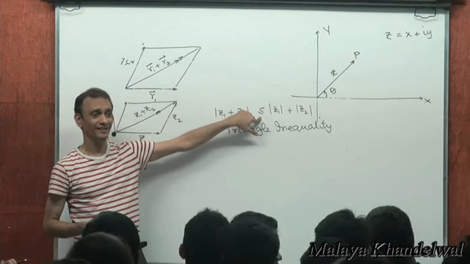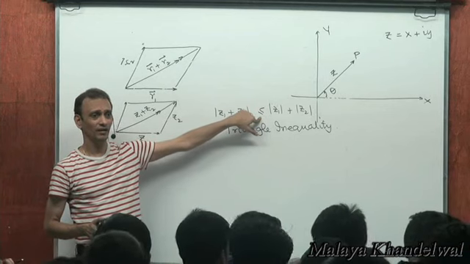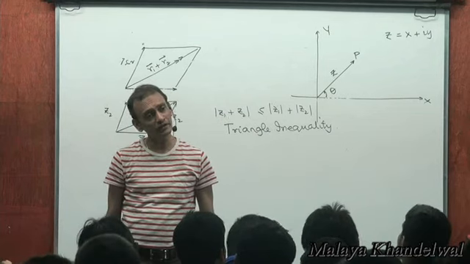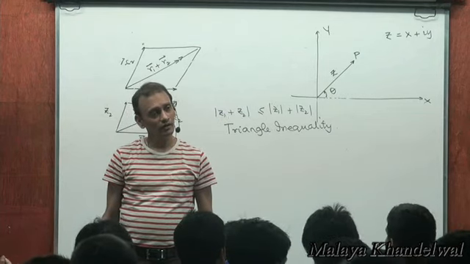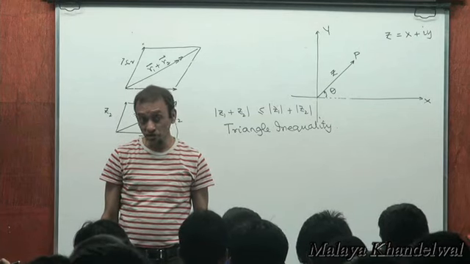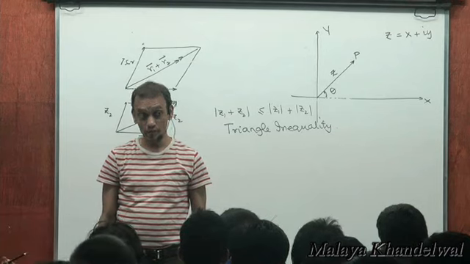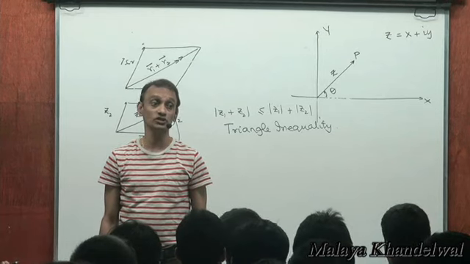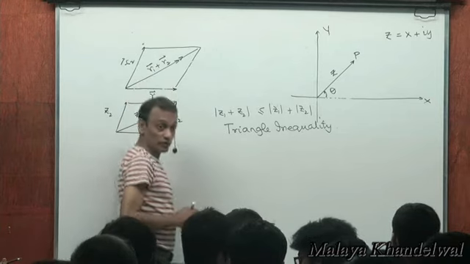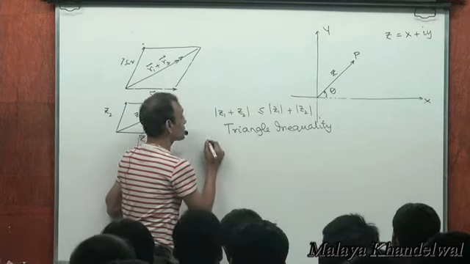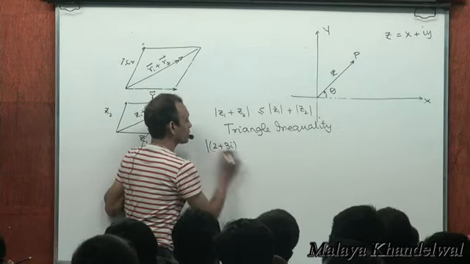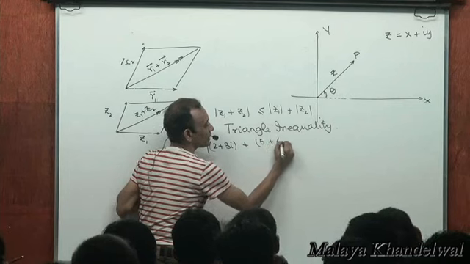When did I ever say that or prove that? I said mod z1 z2 is mod z1 into mod z2, but I never told you mod z1 plus z2 is equal to mod z1 plus mod z2. If you are skeptical about this, take mod of 2 plus 3i plus 5 plus 4i.